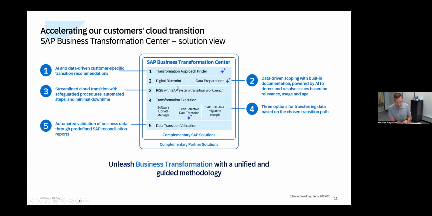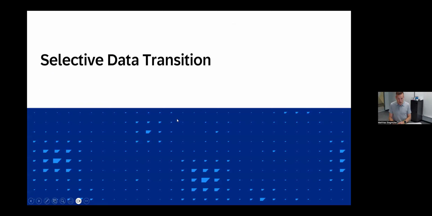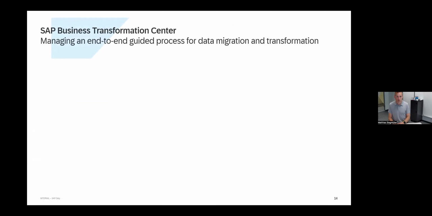And then our data digital blueprint, data scoping capabilities. Today I will show the data digital blueprint for the Lean Selective Data Transition, because this is fully included there. And then obviously we'll do the demo of the selective data transition end to end, so that you can see what's in there.